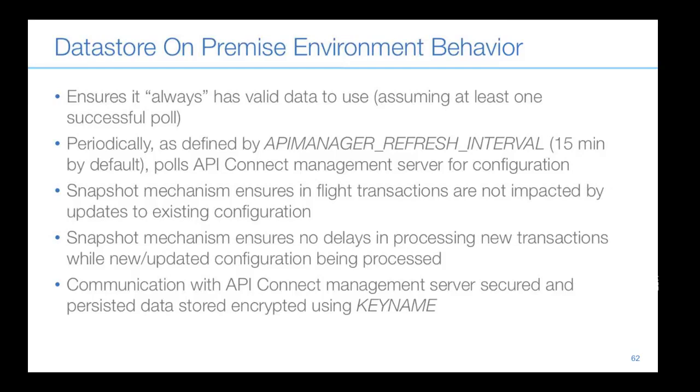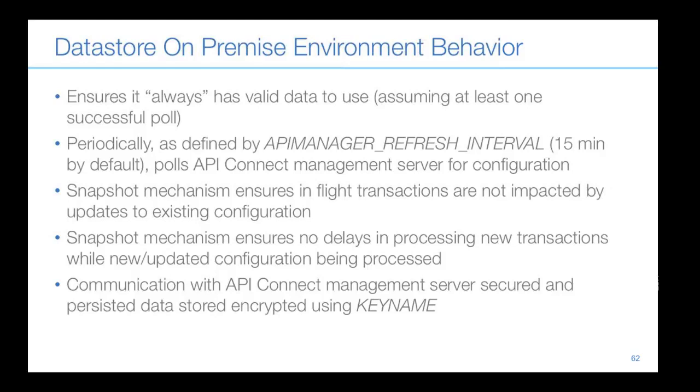And then that other model that I mentioned, the snapshot model, was created to address another requirement of API management, API Connect, in that the ability for somebody to create or modify APIs and publish them without impacting any of the other in-flight transactions or currently available APIs.